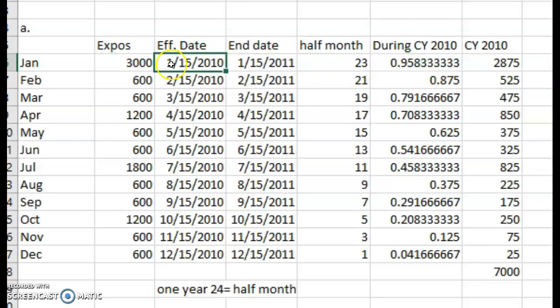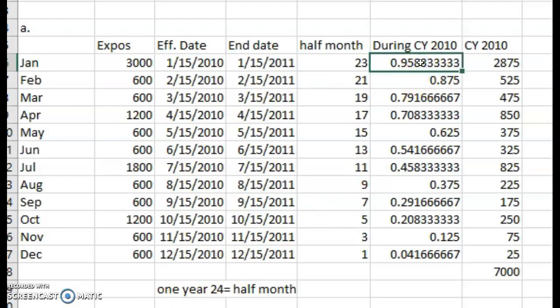When we see the effective date and the end date, we can easily understand that there is about 0.95 in 2010 and about 0.05 in 2011.